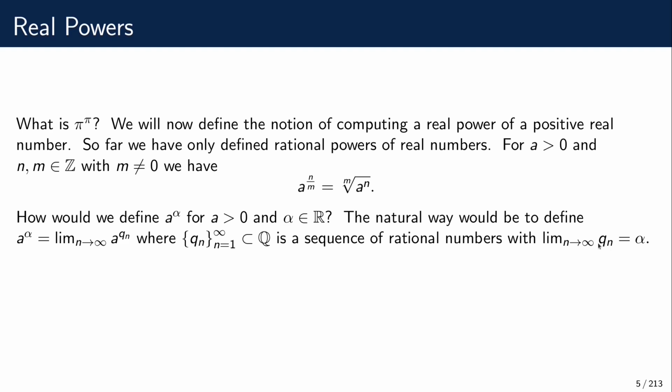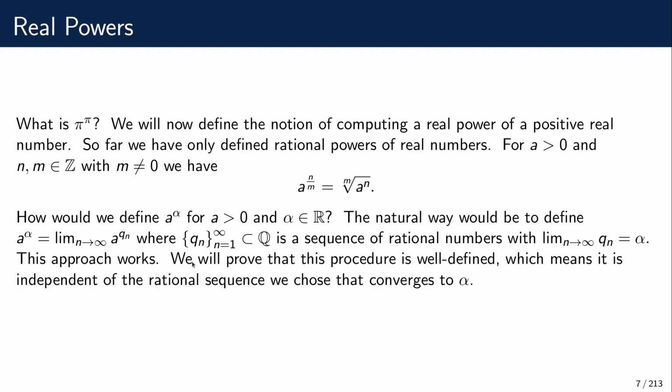So it's not a problem to pick a sequence of rational numbers that would converge to any real number. And then we need to take this process. However, since there are infinitely many sequences of rationals that converge to any real number, we'll have to show that this approach actually works, that this is well defined, and that this is independent of the sequence that we pick. So this is going to take some work.